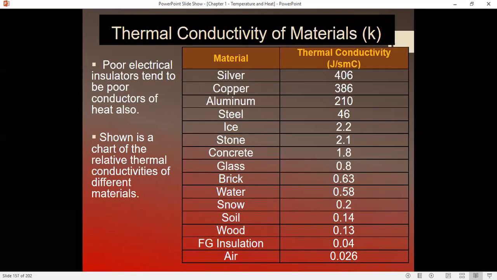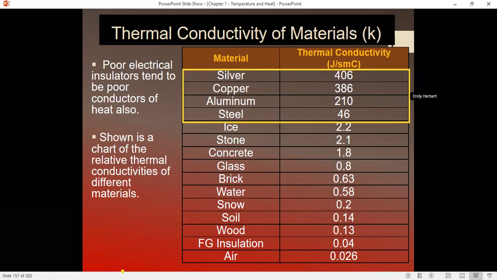So let's look at different materials. And the first thing that we notice is, yeah, this makes sense. Metals are good thermal conductors. These are all metals right up here. Notice their thermal conductivity in joules per second, meters, degrees Celsius. They're all in the 10s and the 100s, okay?